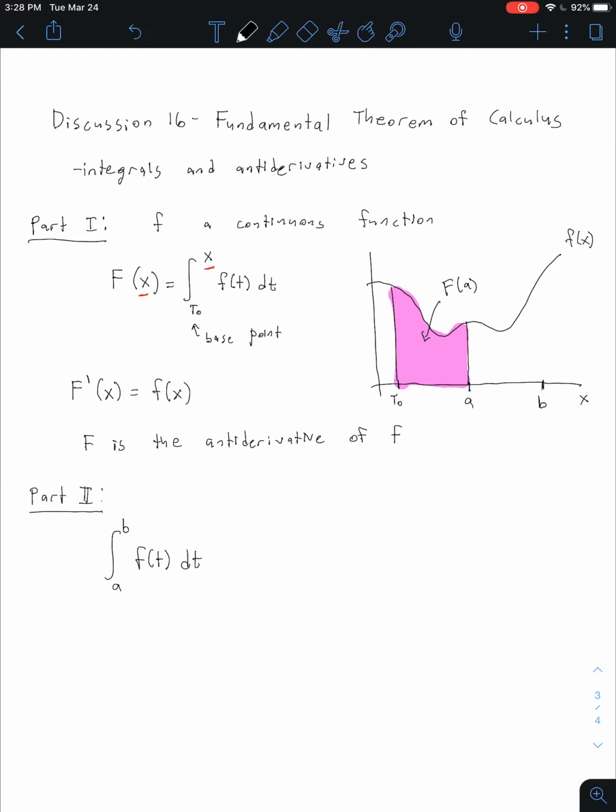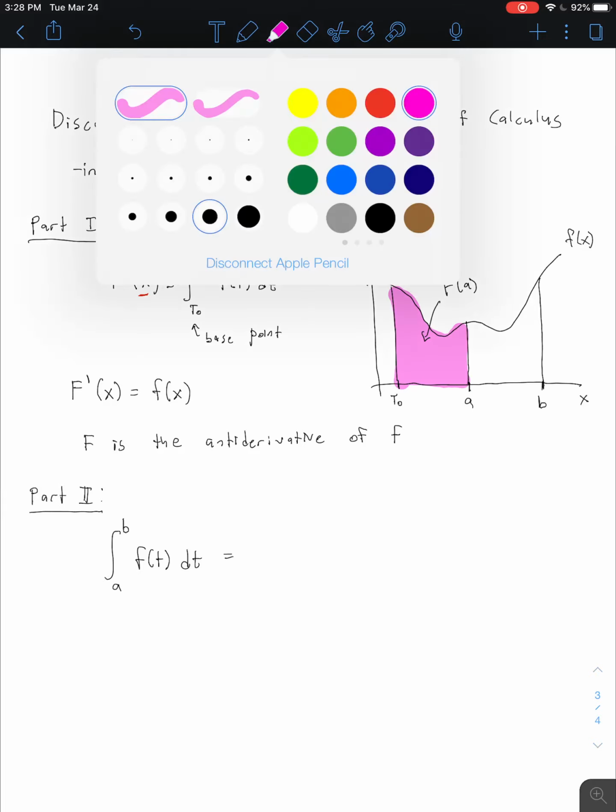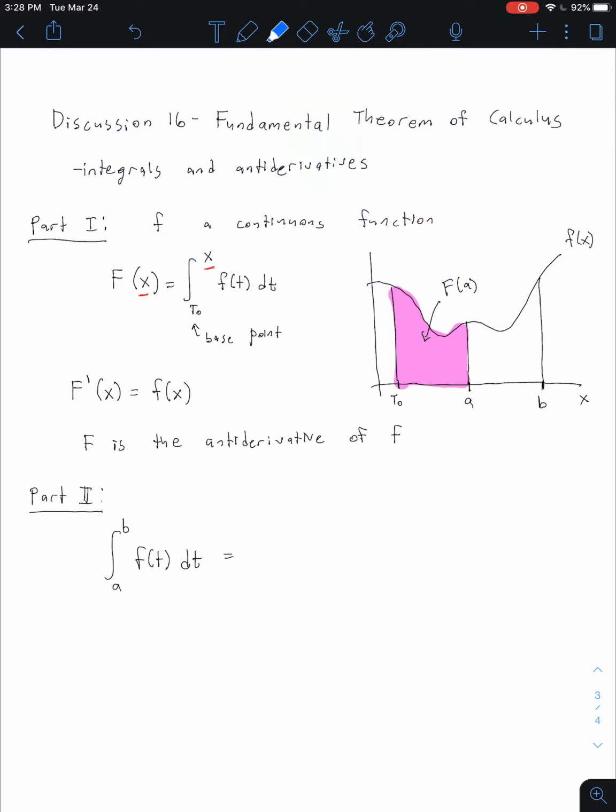So going back up to the picture, we're trying to compute this white part of the graph. And the way that we do this is that we can write this as a difference of two other integrals. So here we have the pink one, which we know is F of a, and now I'm going to shade in the blue one, which goes from t0 all the way up to b.